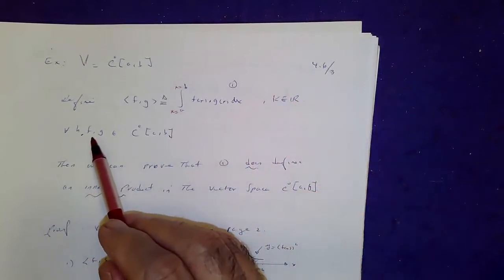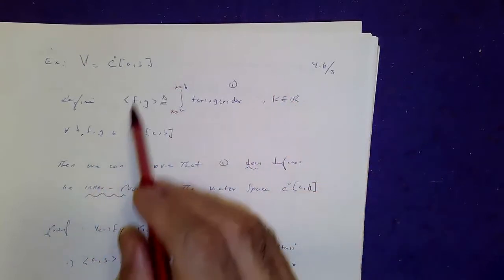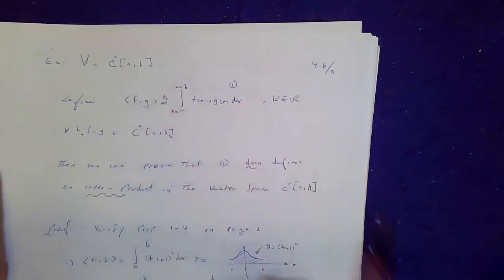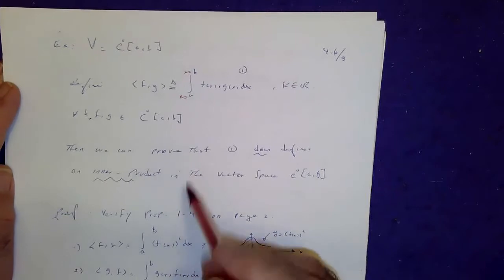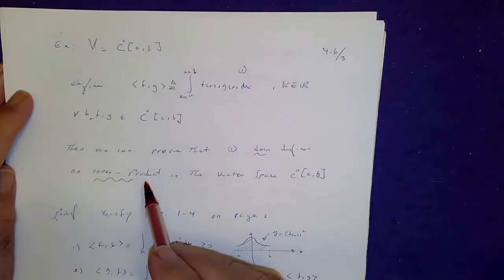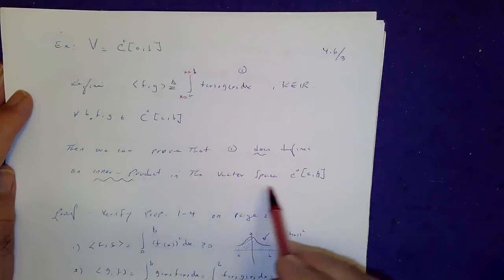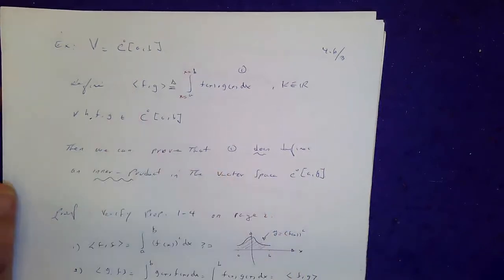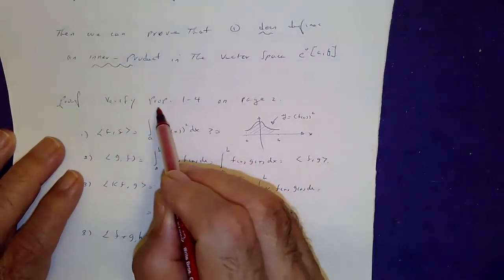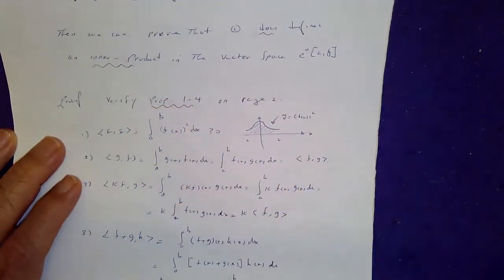And h, f, and g happen to be continuous functions on a closed interval. Then we can prove that this does define an inner product on the vector space of all continuous functions. So all we have to do is go over the properties of what it takes for a space to be an inner product space.